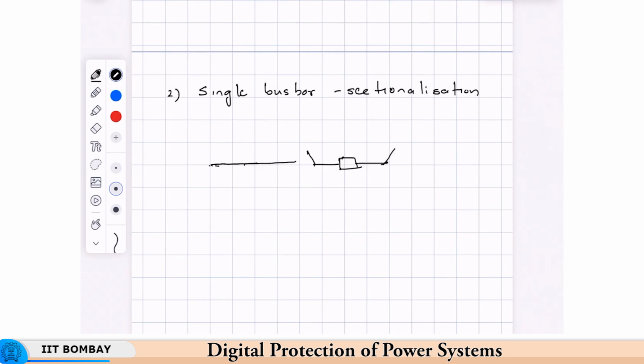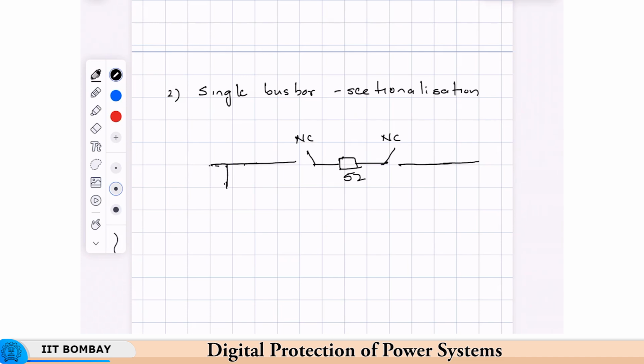Okay. This is a breaker which connects the two sections of the bus bar. This is again two isolators, and then you will have multiple feeders like we drew.